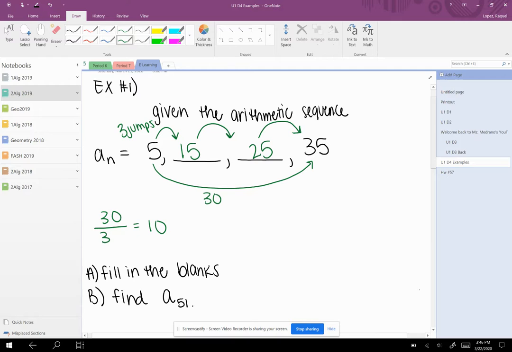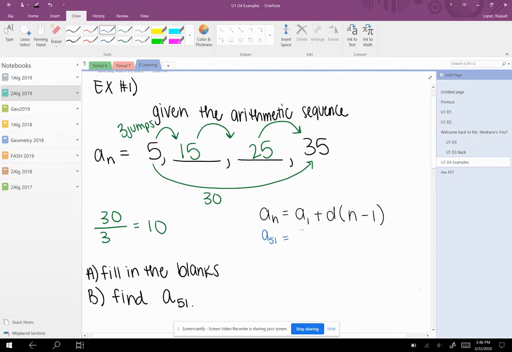And then they want us to find the 51st term. So before I get to that, we need an equation because it's just going to streamline everything else. So if you guys remember the structure, it's a sub n equals a sub 1, your first term, plus d, your common difference, times the quantity of n minus 1. And so we're going to be looking for the 51st term.